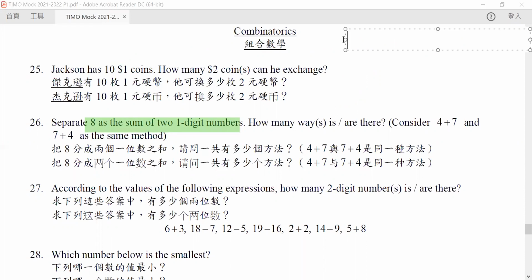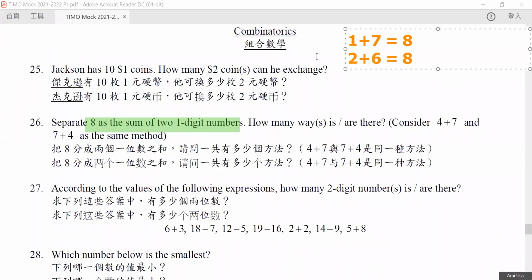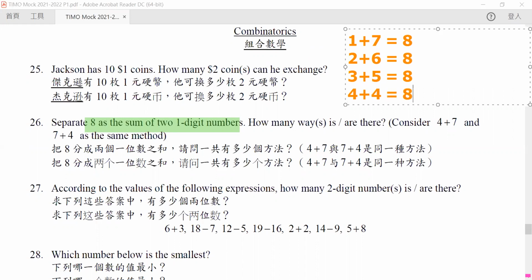We can write 1 plus 7 is equal to 8. Now is there any other way? 2 plus 6 is also equal to 8. And then we have 3 plus 5, again equal to 8. And finally, 4 plus 4 is also equal to 8.